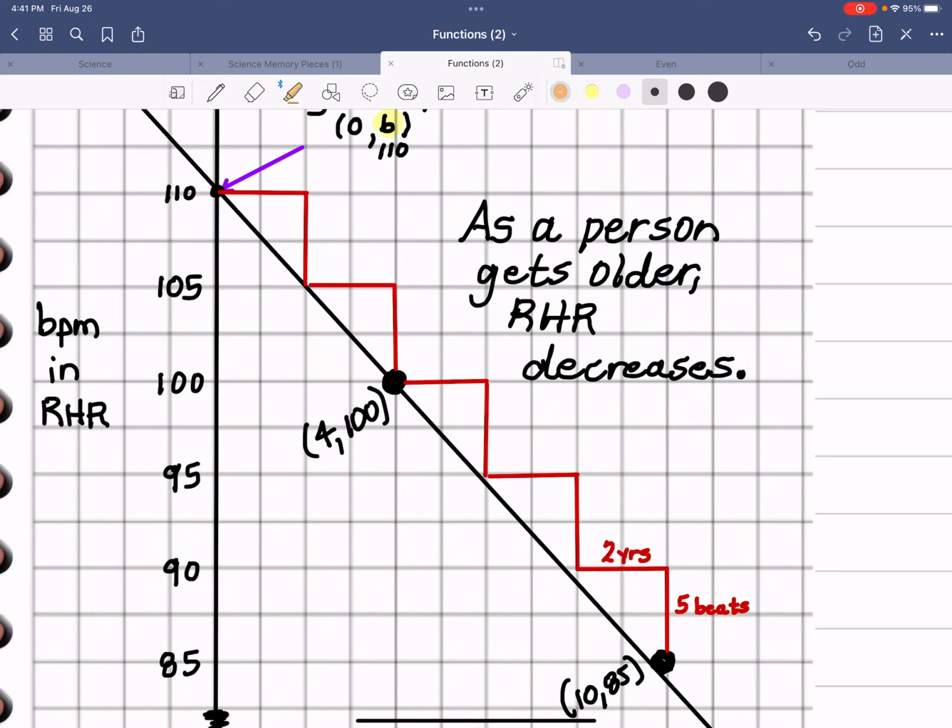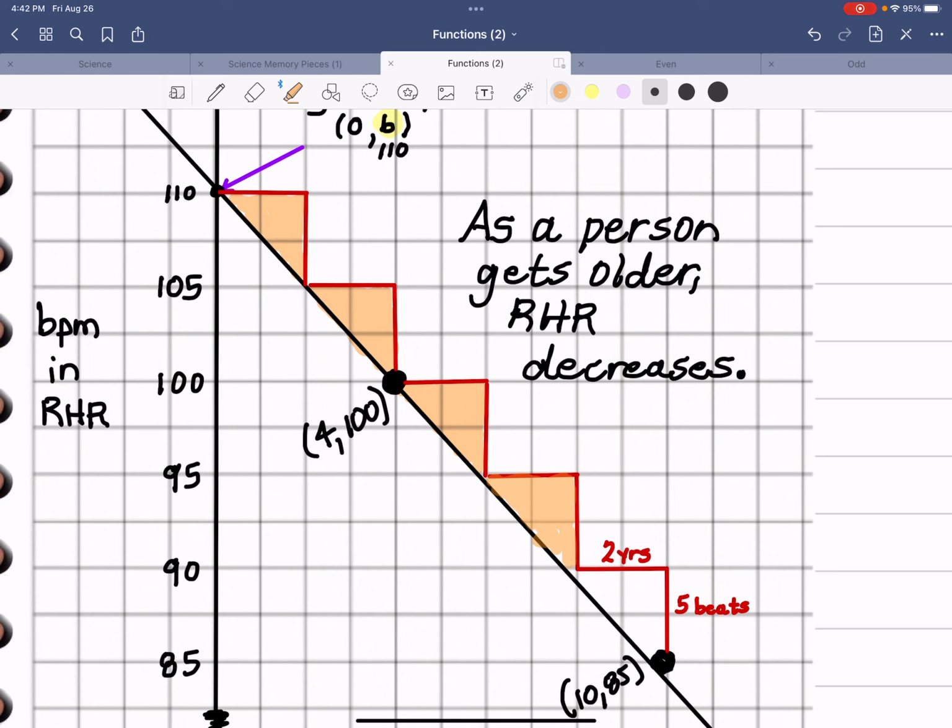So look at these stairs. Think with me. What is happening as I get older? My heart rate is doing what? Is it plummeting? Is it going up and down? It's stepping down at a consistent, predictable rate.